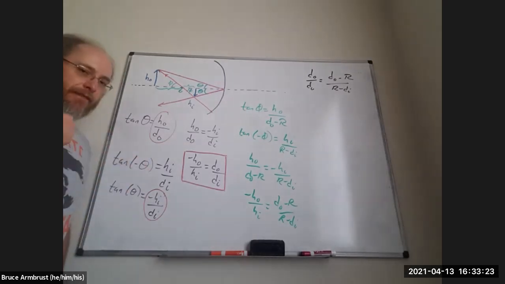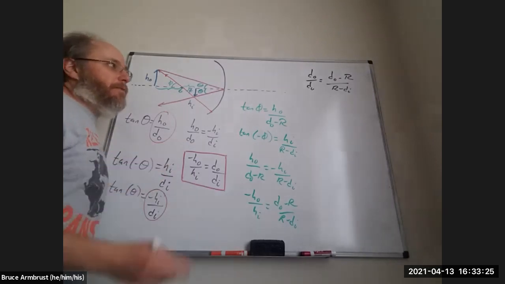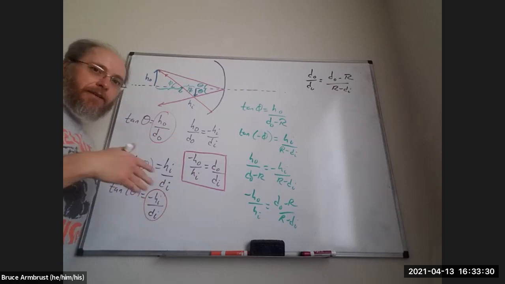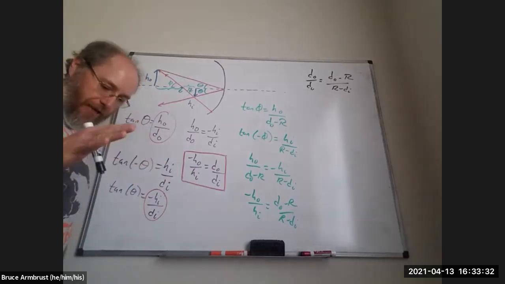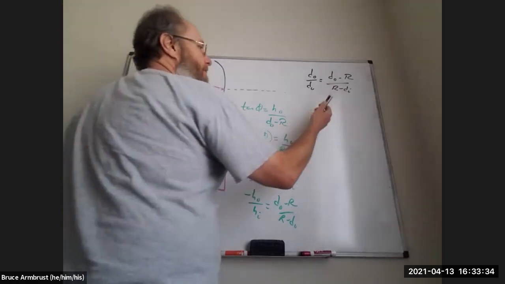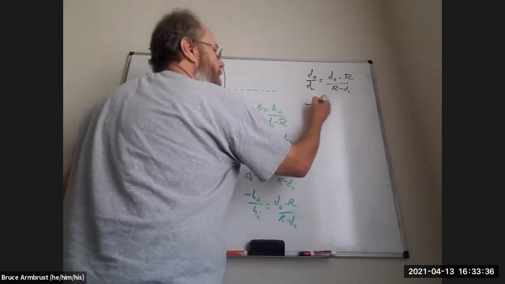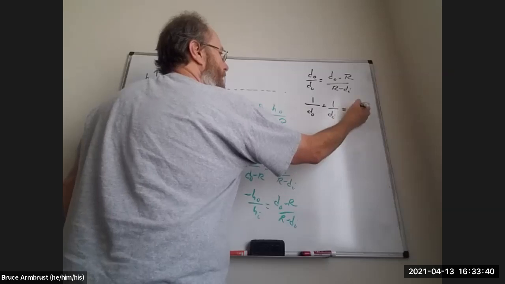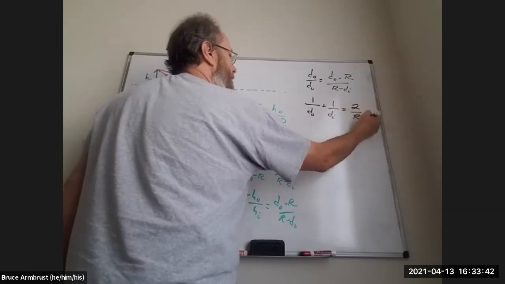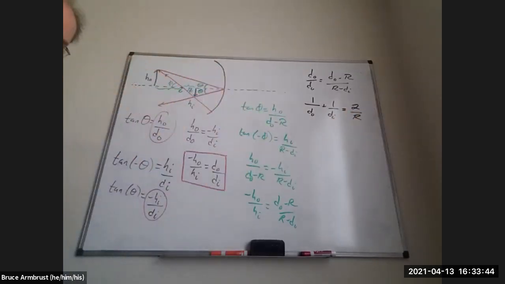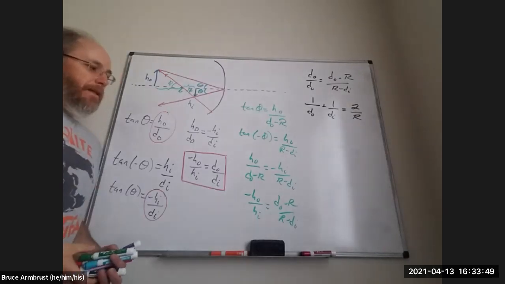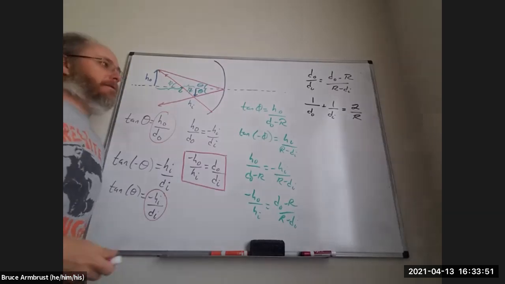So I'm going to leave this part to you, but if you distribute, shift things around, group like terms, yada, yada, yada, algebra, this turns into 1 over DO plus 1 over DI is equal to 2 over R. On that one you want a box.